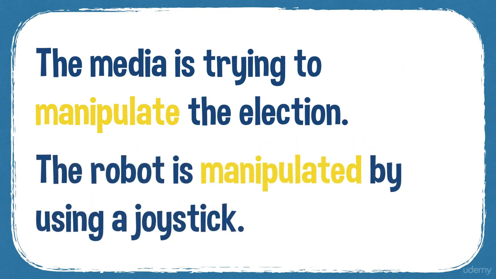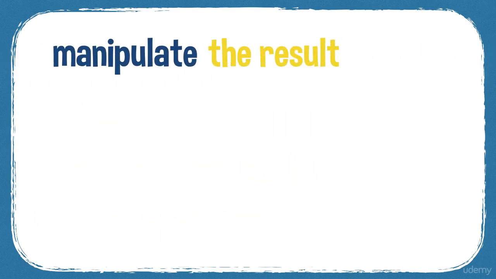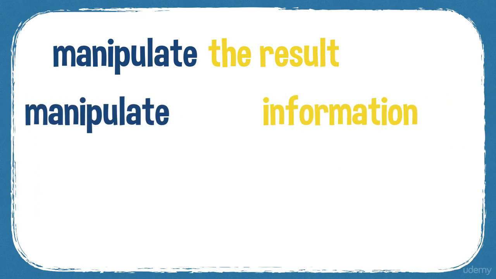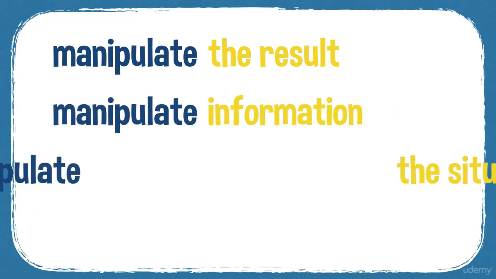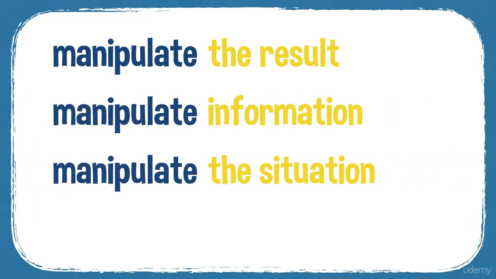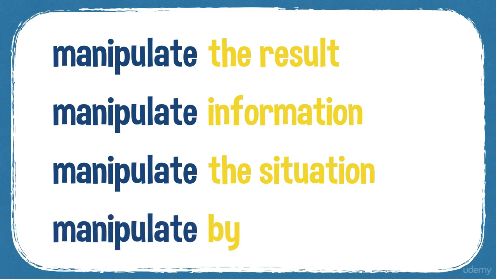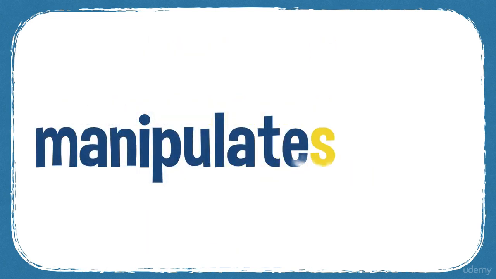The robot is manipulated by using a joystick, so you can control the robot with a joystick. Some collocations: you can manipulate the result, manipulate information, manipulate the situation, and a common preposition that goes with manipulate is by. You can manipulate something by doing something.